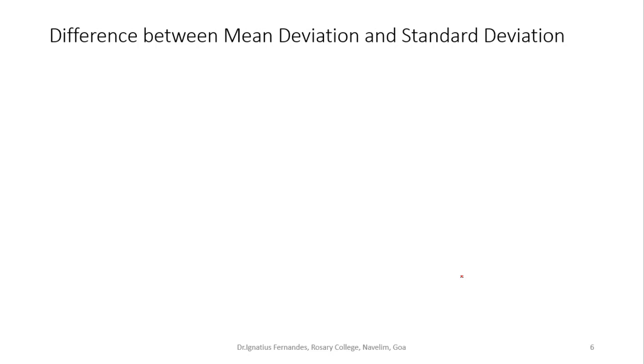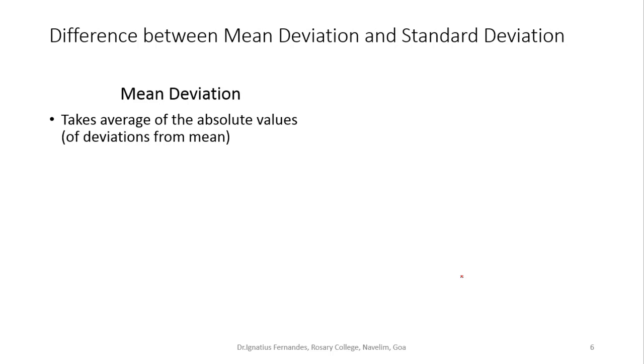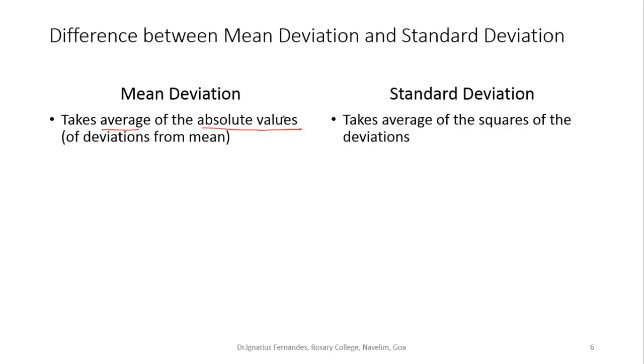So standard deviation takes the square of the deviations and the sum of all those squares. Mean deviation takes the average of the absolute values, whereas the standard deviation takes the average of the squares of the deviations.